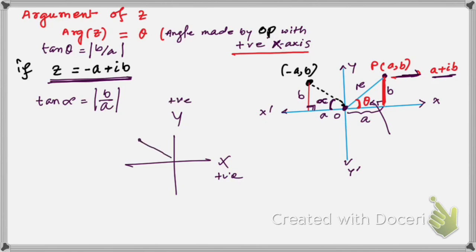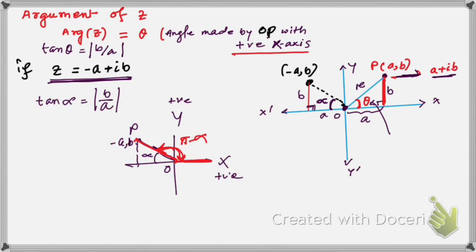If the point is here, this is the line joining the origin and the point representing the complex number. If it makes alpha here, we can obtain alpha from tan alpha equal to B by A for the point minus A comma B. But to obtain the argument, we must obtain the angle made by this line with the positive x-axis, so that is pi minus alpha.